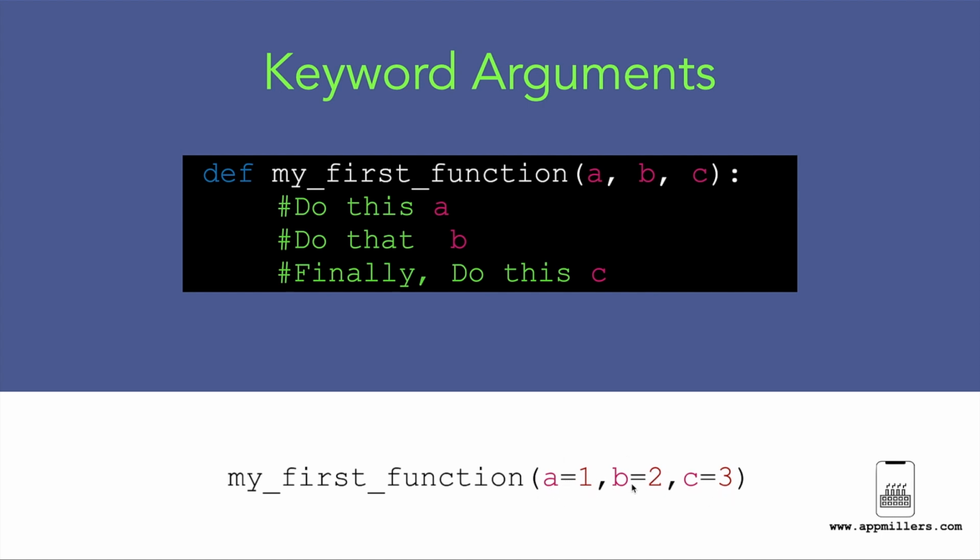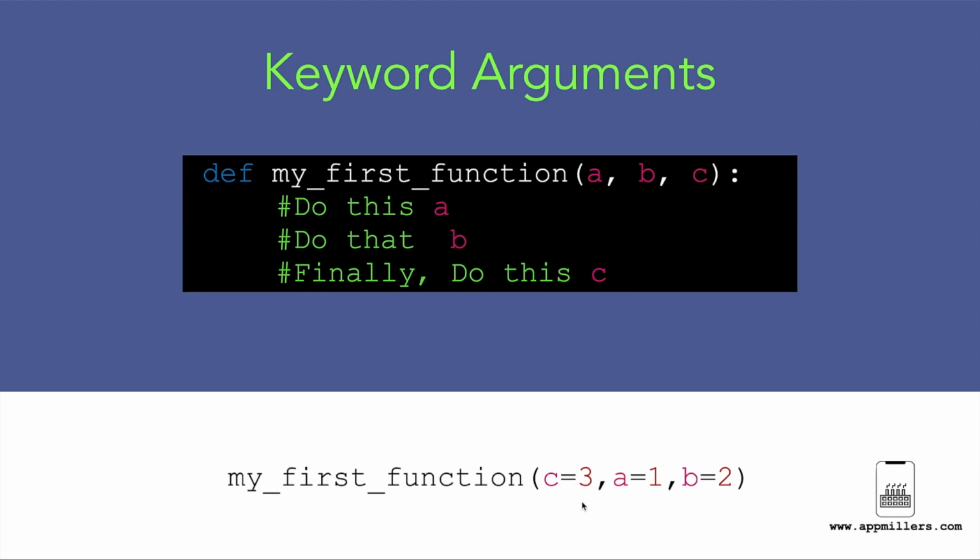So in this case, A will be 1, B will be 2, and C will be 3. And now when we actually change the order around, it does not matter how we order these parameters over here. It's going to be the same values for these parameters. So even though we have changed the order of the parameters, A is still 1, B still 2, and C still 3.